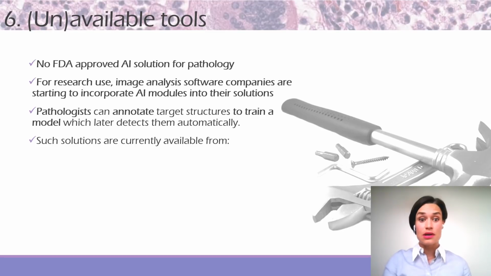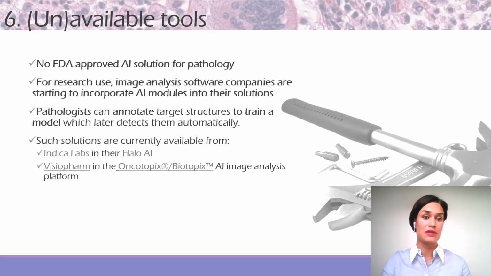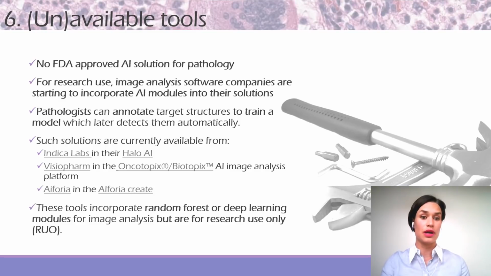These solutions are currently available from different companies like Indica Labs, Visiopharm, and Aphoria. And these tools incorporate random forest or deep learning modules for image analysis, but as I said, they're for research use only, nothing for clinical use so far.